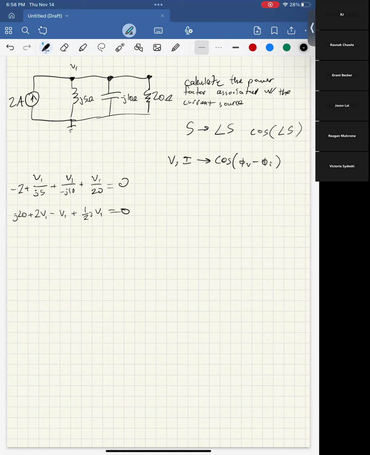Realistically, I should multiply by 2 again to make this look a bit nicer. So we got J40 plus 4V1 minus 2V1 plus JV1 equals 0. Move things around a little bit. Let me make sure I'm doing this right.